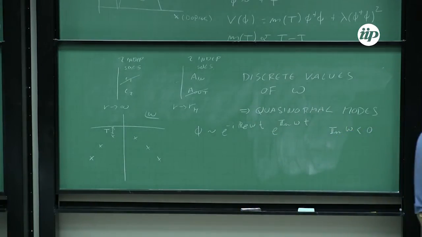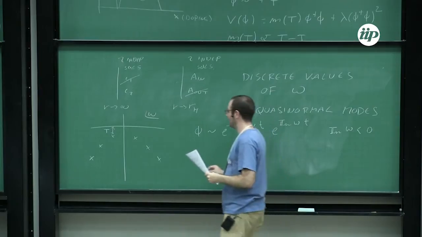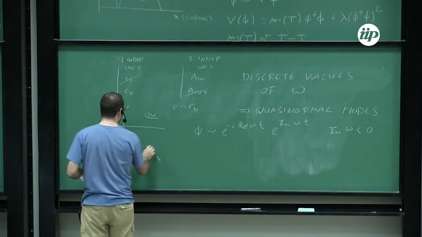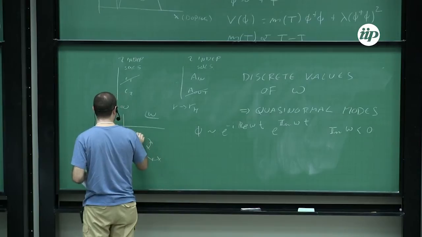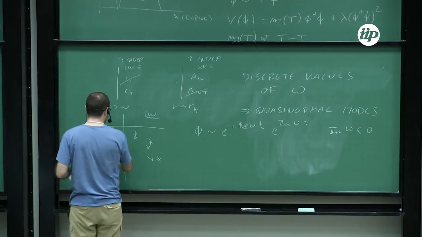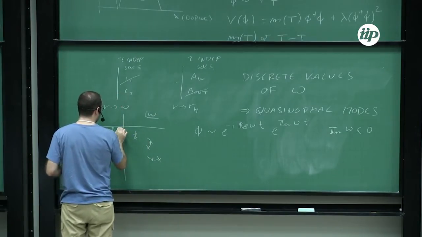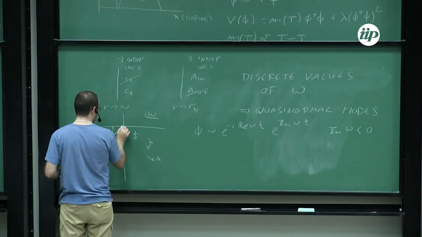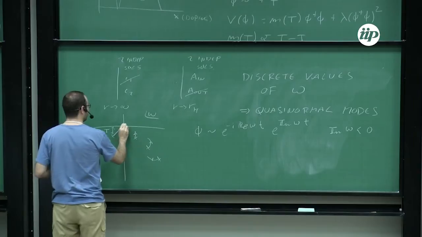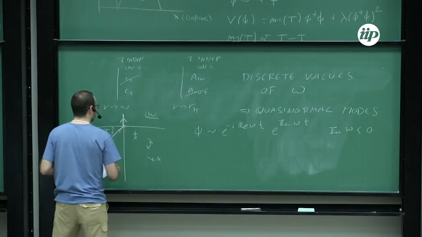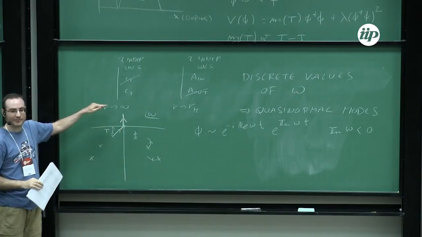So if you take this background and you start changing the temperature or the charge, then these quasi-normal modes will start moving in the complex plane. And then it will happen that one of them or some of them will approach the origin and then cross to the upper half plane.